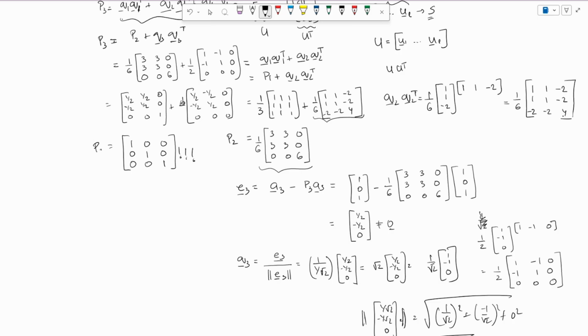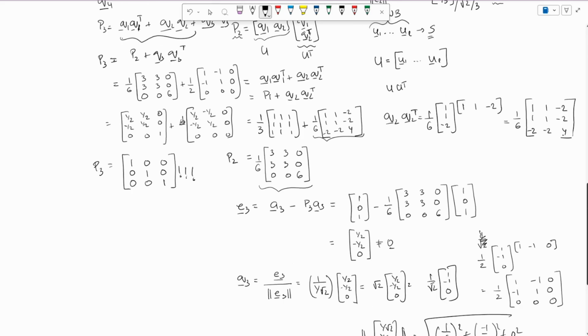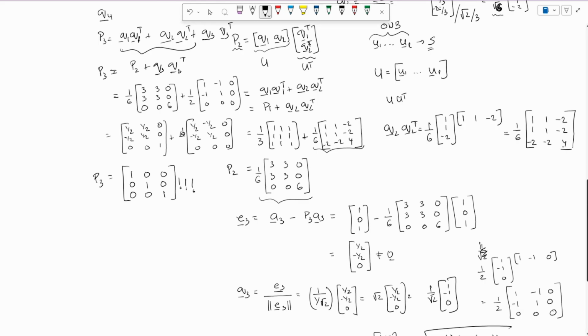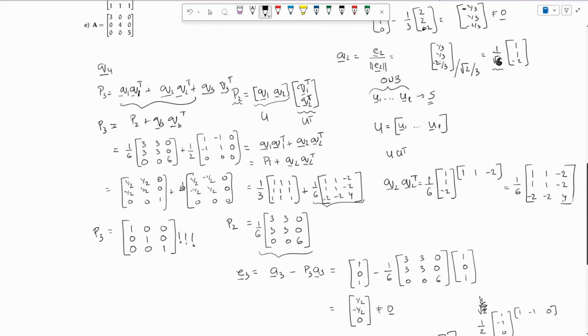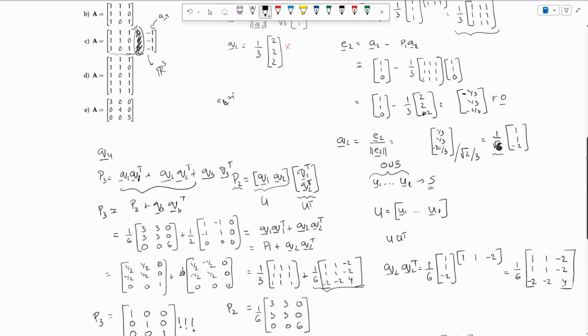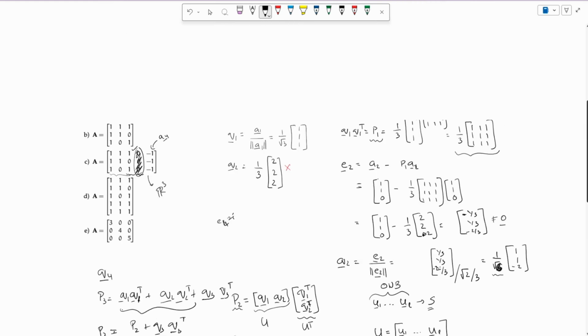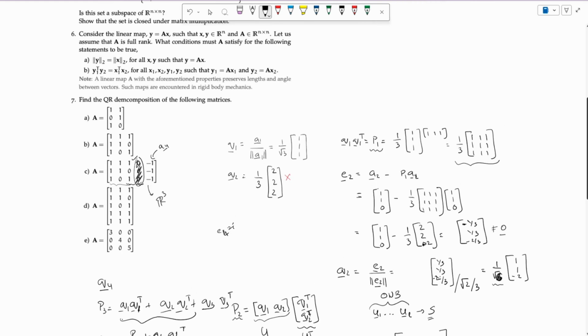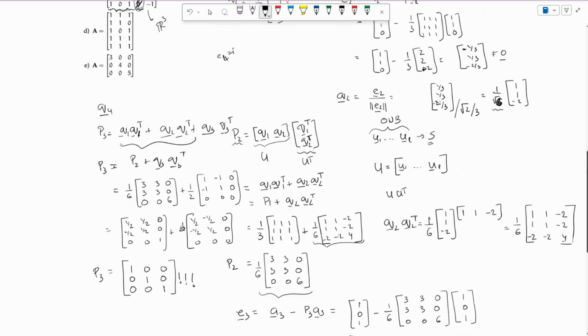Isn't it weird? You computed an orthogonal projection matrix and it came out to be the identity matrix. It didn't happen for P1, it didn't happen for P2, but it happened for P3. Well, we were computing an orthogonal projection matrix, right?